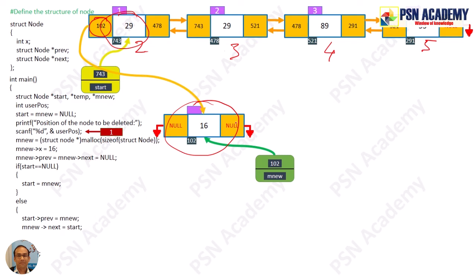That means this one is the mnew next. Now it is null. It should be replaced with 743, which is the address of this node. So this null pointer vanishes and it starts pointing to this.